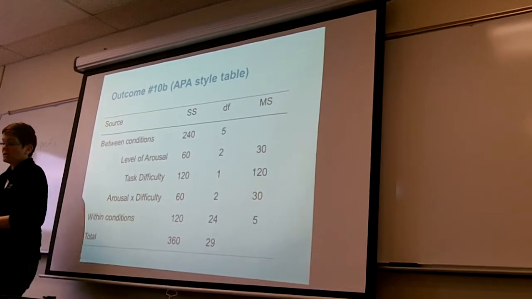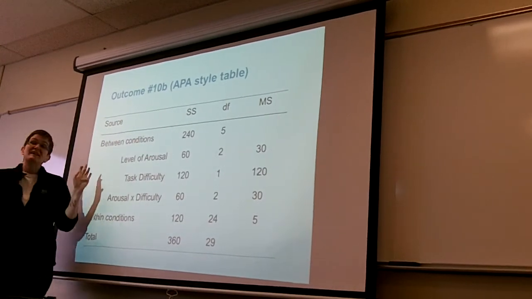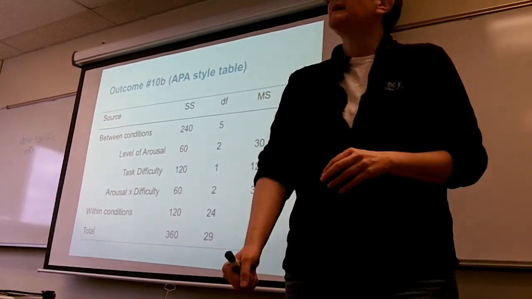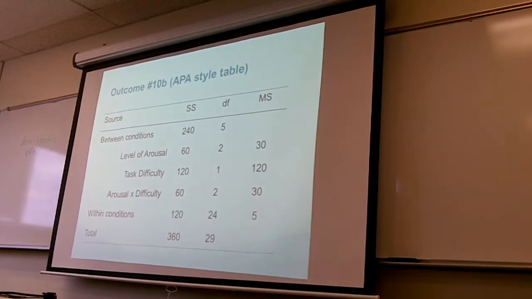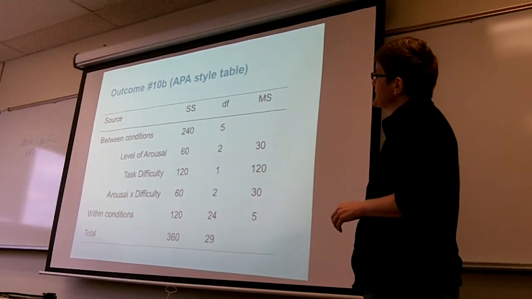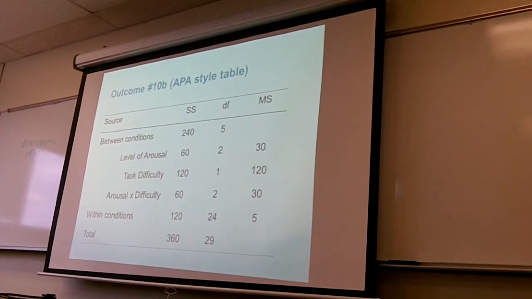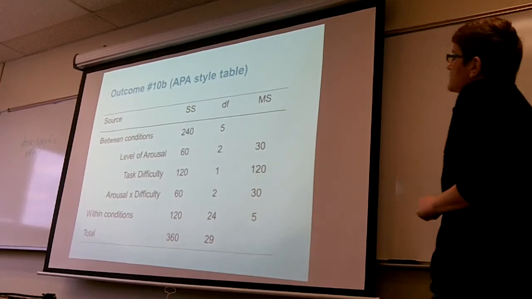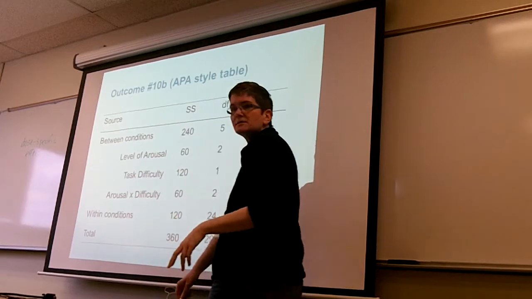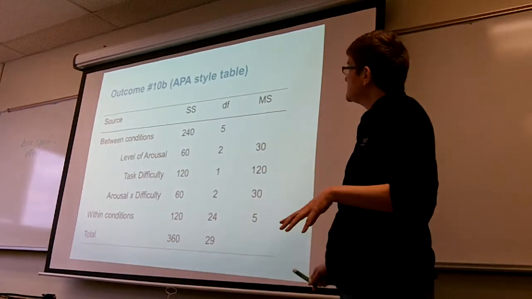So now let's take a look at the data. This is a source table for that graph, okay, for that dose-dependent effect. Now, this should look familiar. What up here do you recognize? Between conditions, within conditions, that should look familiar, right?